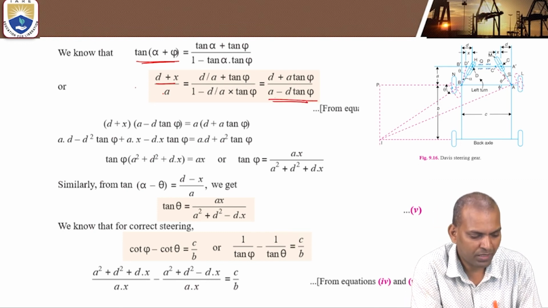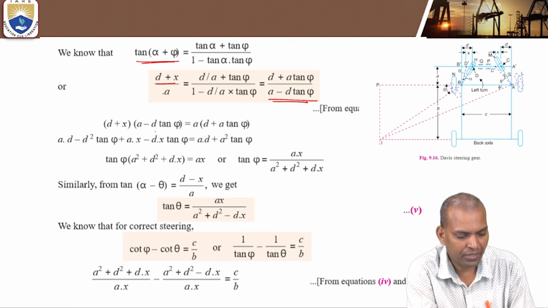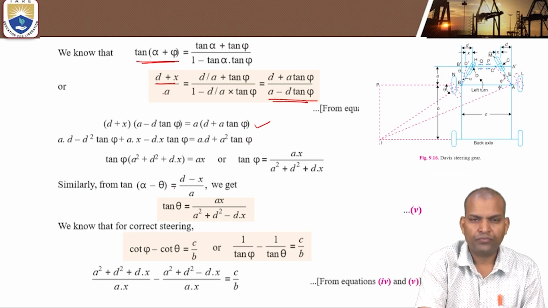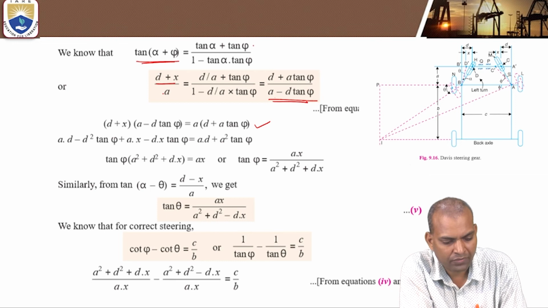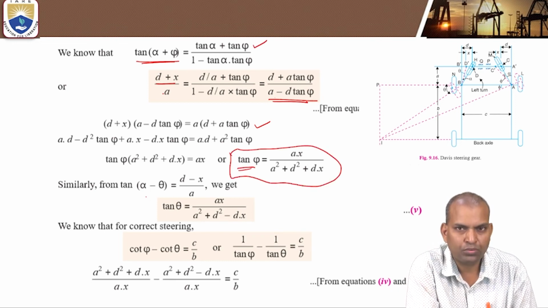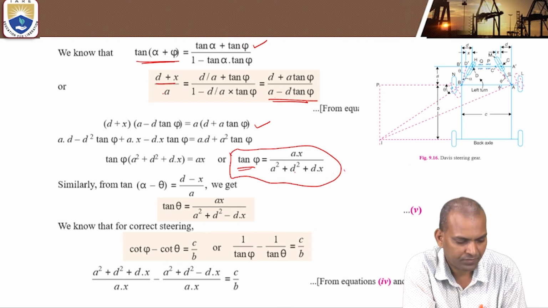Now if you do cross multiplication with d plus x by a, then d plus x into a minus d tan phi equals a into d plus a tan phi. Finally, after simplification, the unknown value is tan phi. This tan phi equals ax by a square plus d square plus dx.